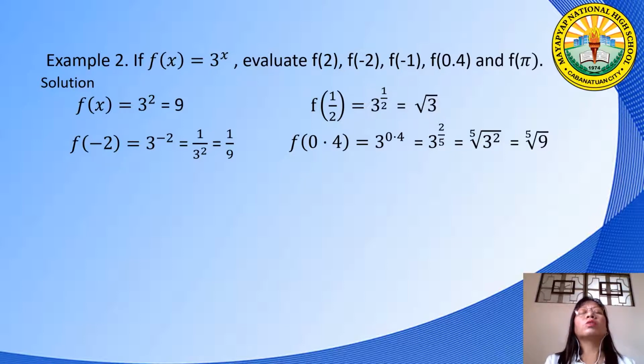Again change to radical form: the numerator 2 becomes the exponent of the radicand, and the denominator becomes the root of the radical symbol. So therefore, 3 raised to 2 over 5 equals the fifth root of 3 to the second power, or the fifth root of 9.